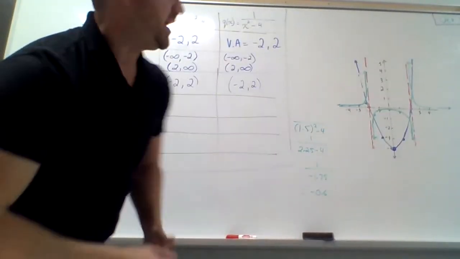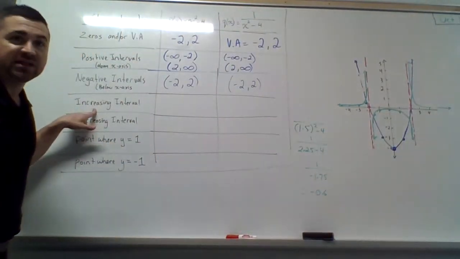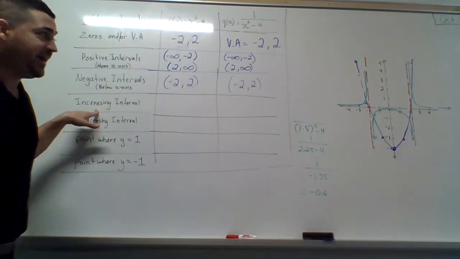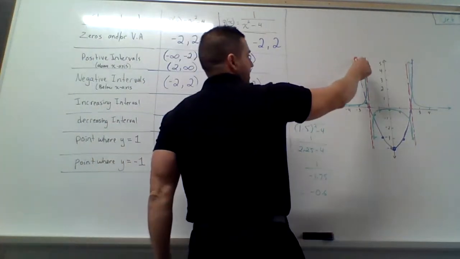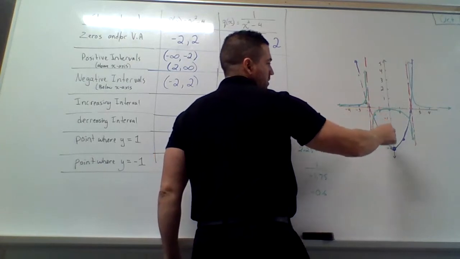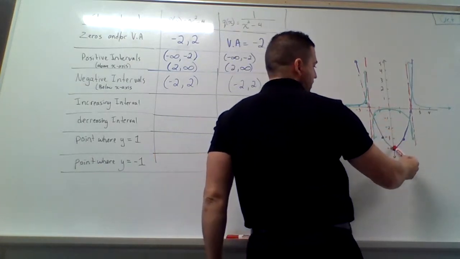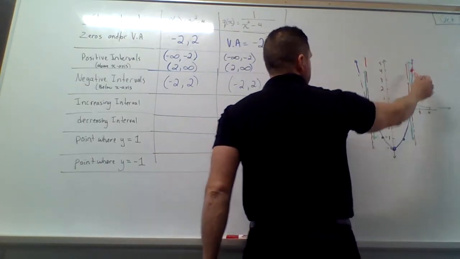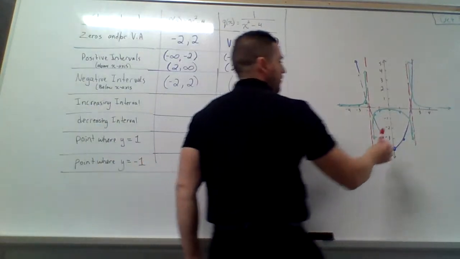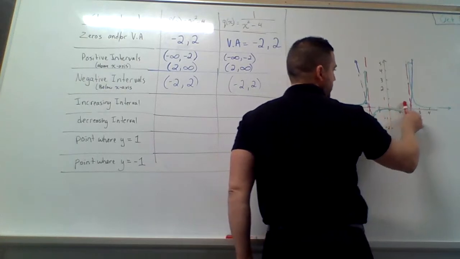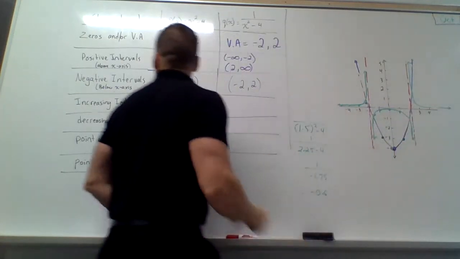Okay, now we're going to look at increasing intervals next. So when is it increasing? Let's start with the quadratic. The quadratic is decreasing here, reading left to right, and then after this point, it increases. So what are the intervals with the x's? From x = 0 to positive infinity.